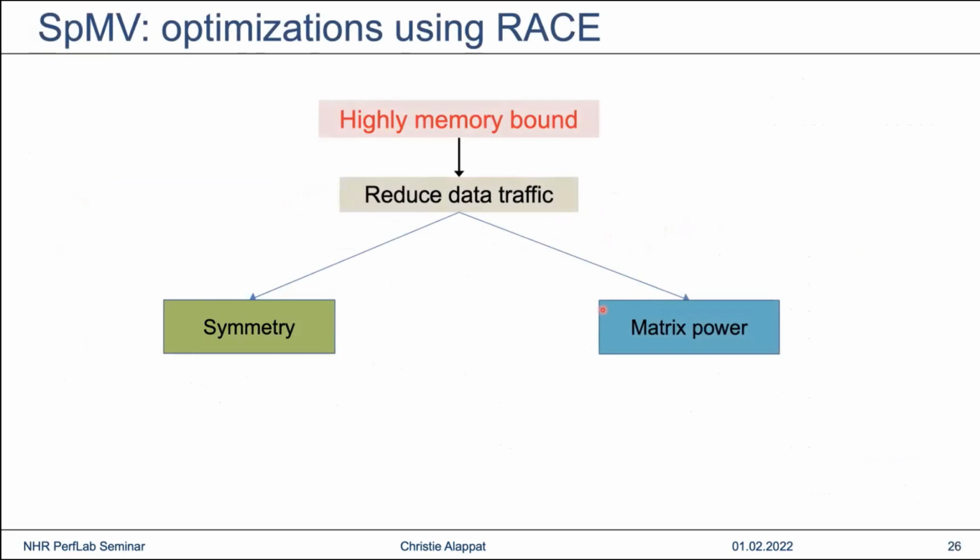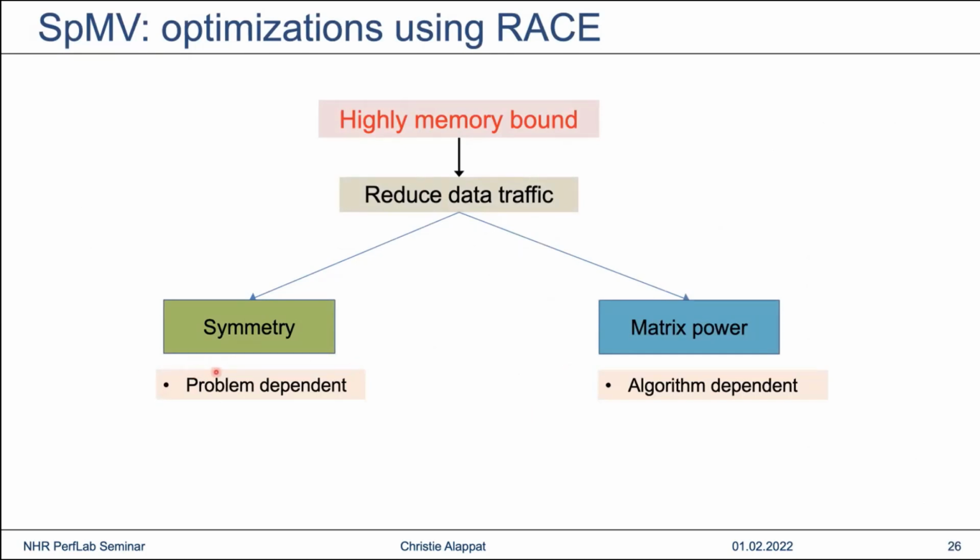So this is basically the optimization with symmetry. And in the next part, I will show you how we can do another kind of optimization called matrix power. The symmetry optimization, as I said, is problem dependent.